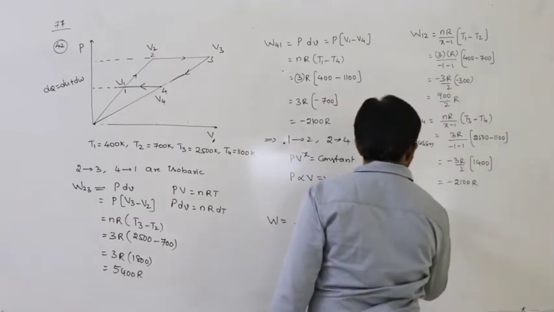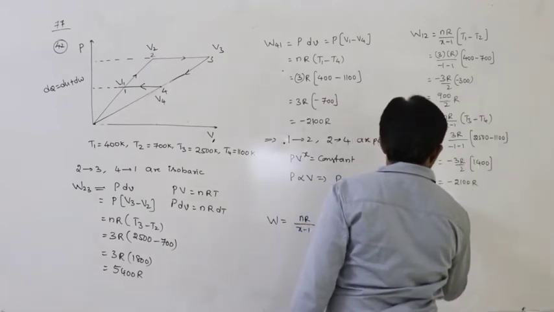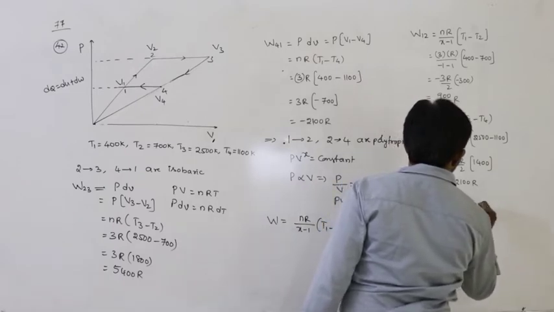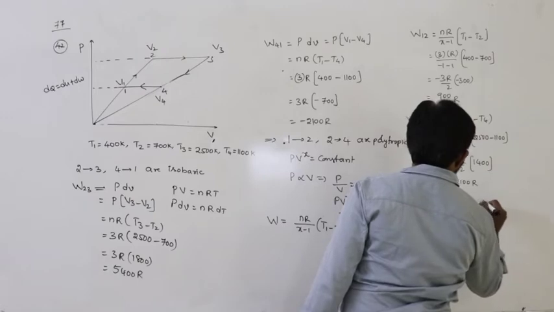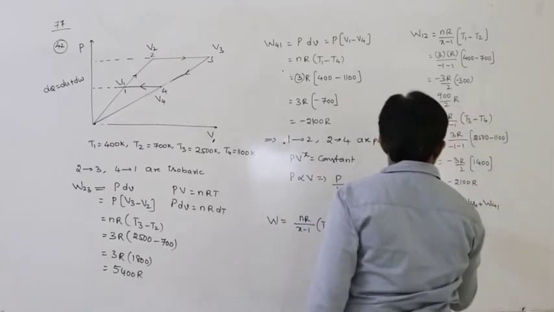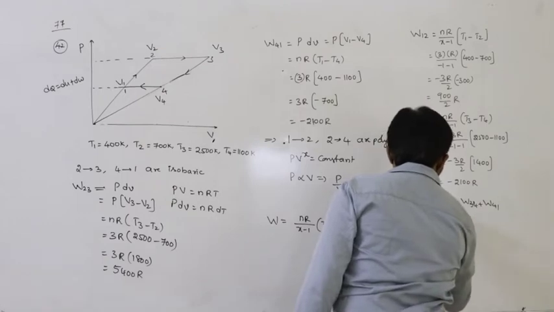Therefore, total work done equals W12 plus W23 plus W34 plus W41. W12 is how much? 900 R by 2.